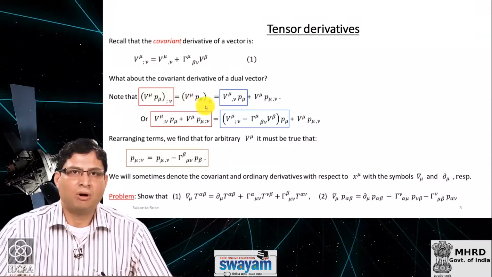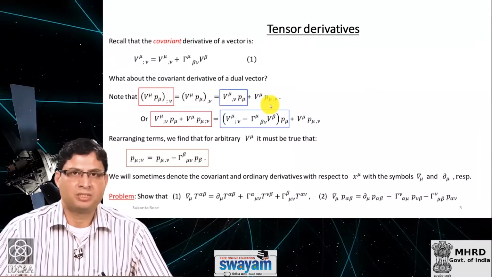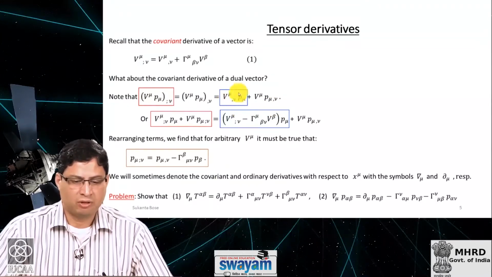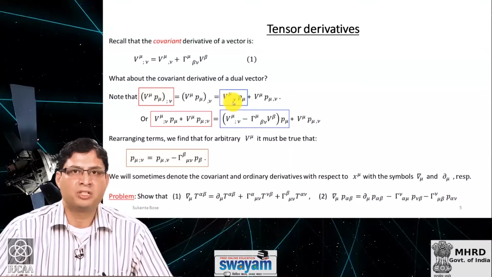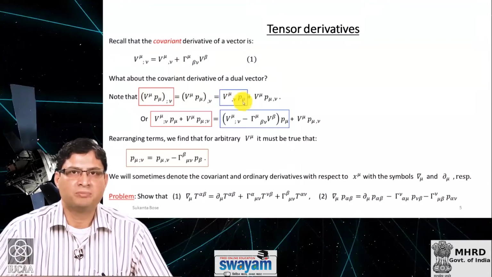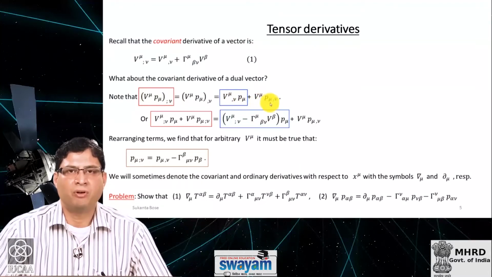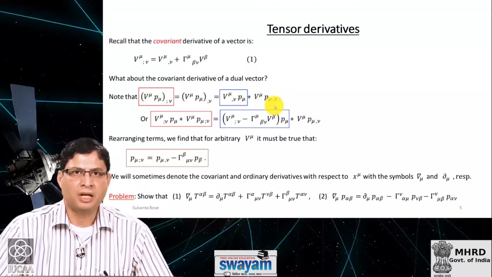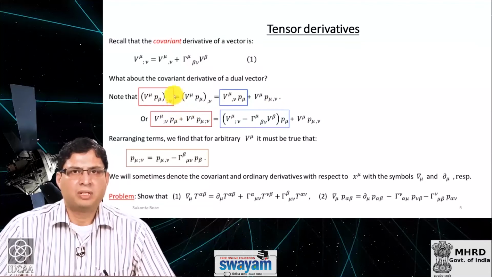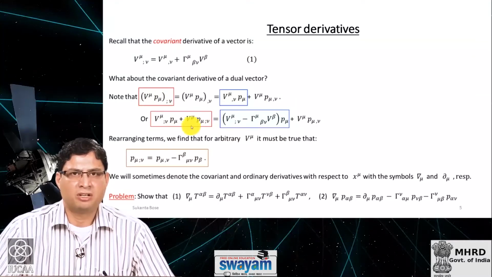So this ordinary derivative can be expanded by parts, just like we do here. The first term will involve the ordinary derivative of the vector components multiplied with the dual vector components, and the second term will involve the ordinary derivatives of the dual vector. Now, in the next step, I expand the red box, as shown in this second red box.